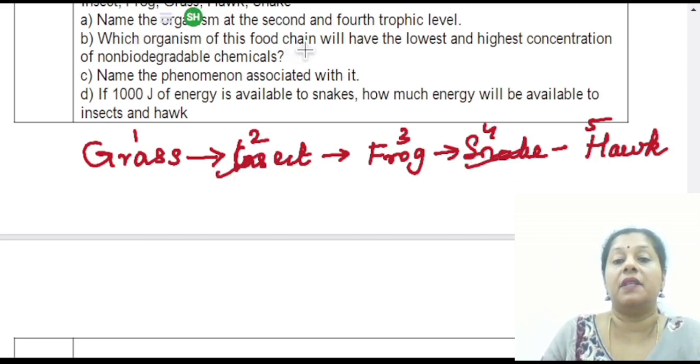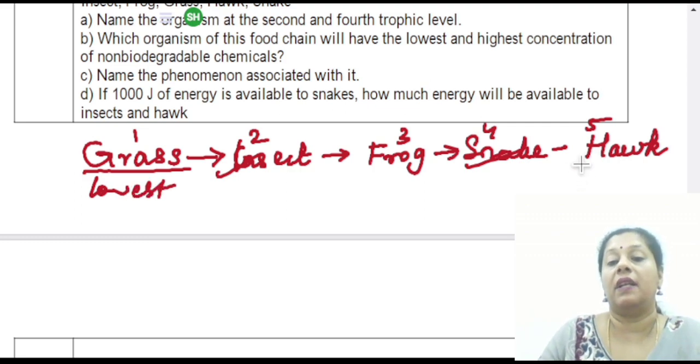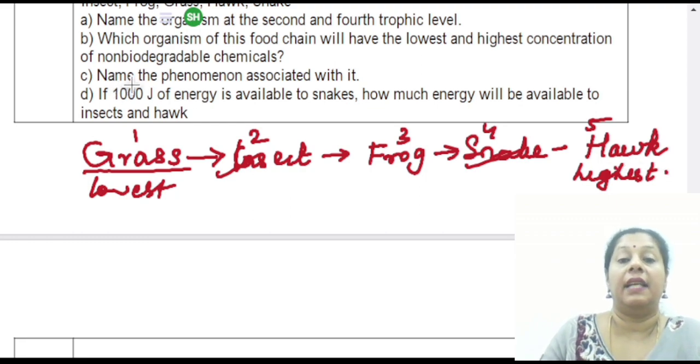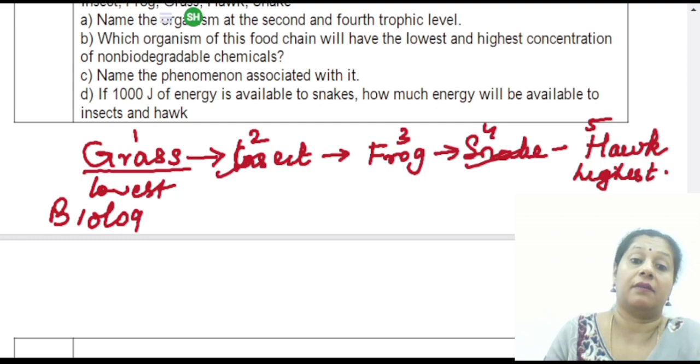Which organism of this food chain will have the lowest and highest concentration of non-biodegradable chemicals? Lowest will be grass and hawk will have highest. Name the phenomenon associated with it. Biological magnification.